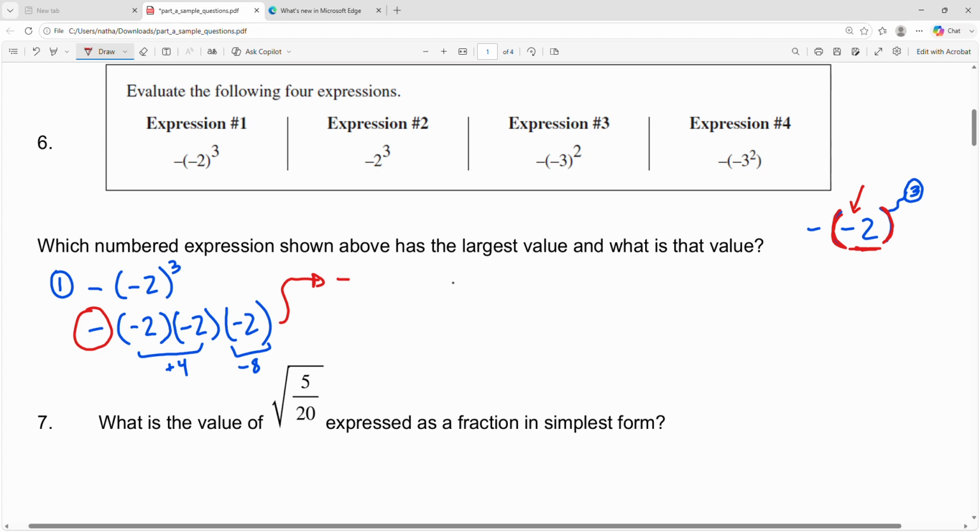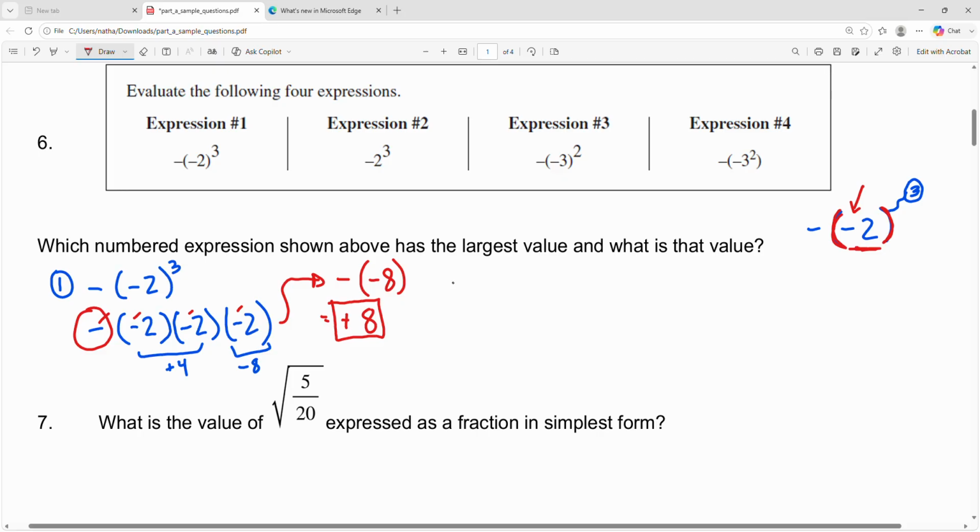So if I have negative times negative 8, I'm going to get positive 8. Okay, that's going to change my sign. The other way is you could count up the number of negatives in this multiplication. I've got 1, 2, 3, 4. If it's an even number of negative signs being multiplied together, that's also going to give you a positive result, okay?